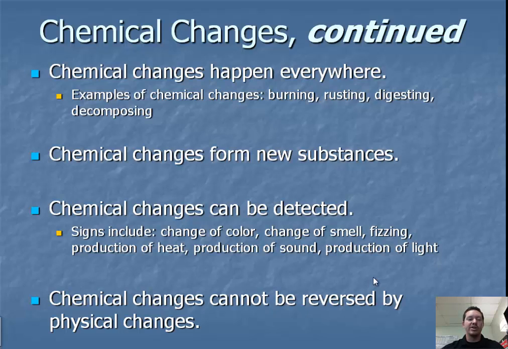A chemical change requires a chemical means to change it back. So if we had water and we broke it down into the hydrogen and oxygen gas that makes it up, then we would have to do a chemical reaction to get the hydrogen and oxygen to turn back into water again.